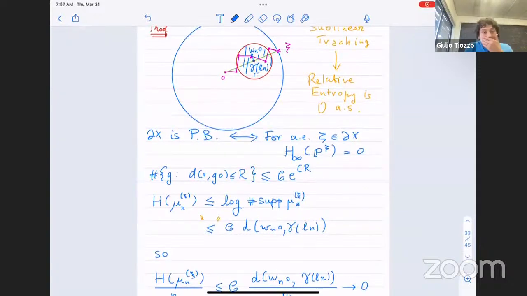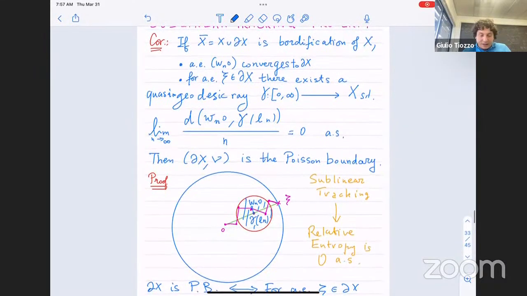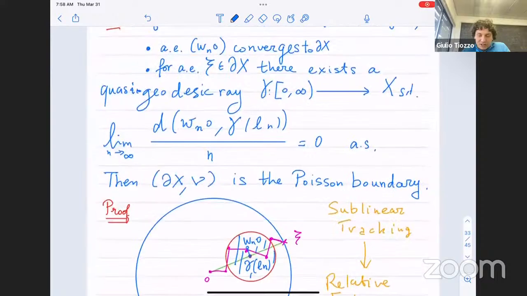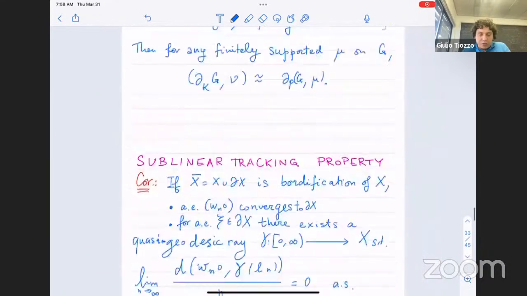Okay, so from here you can see why this is necessary. And so this is basically when we want to look at this theorem that I mentioned, this general criterion. Basically, there are two things that you have to prove.